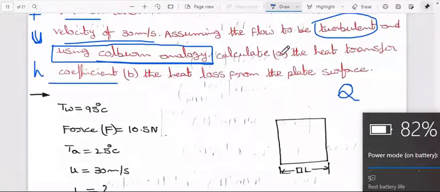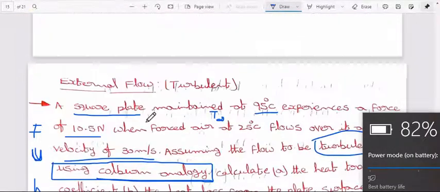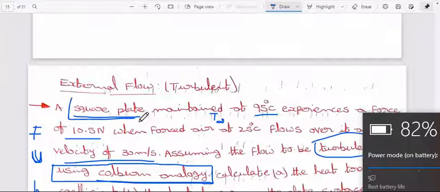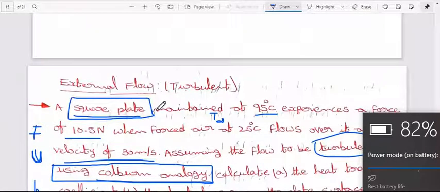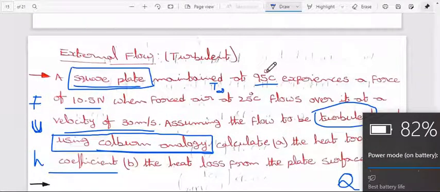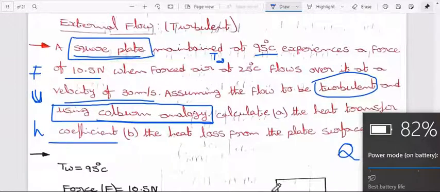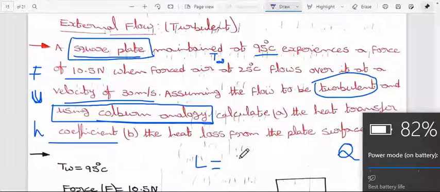Again I am checking whether this is turbulent or not. Here this is a square plate, so all dimensions are the same. Here the L value is not given. In this problem, what is the L value? The length of the plate is not mentioned. Only the square plate, T infinity, the force value and the uniform velocity are mentioned.